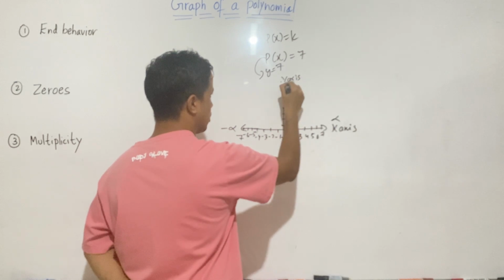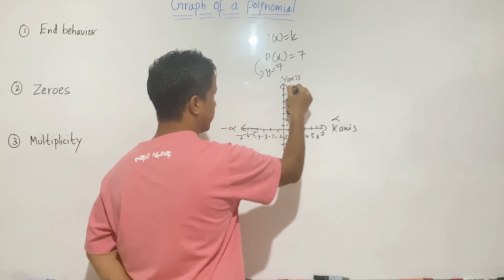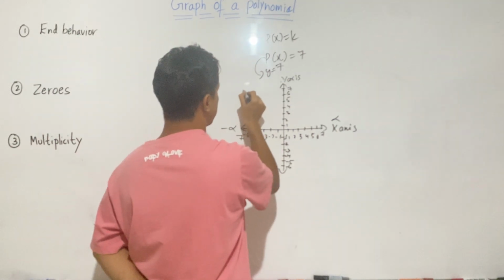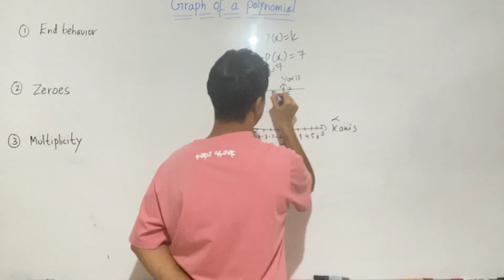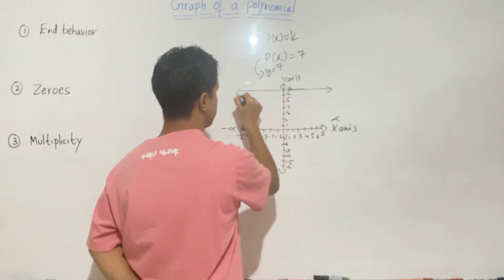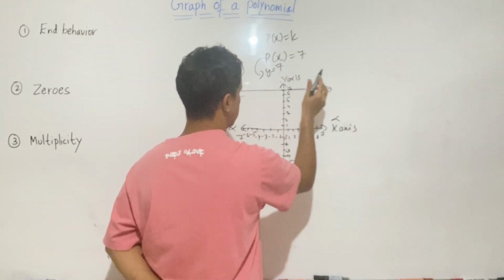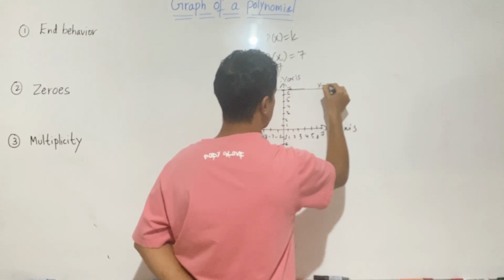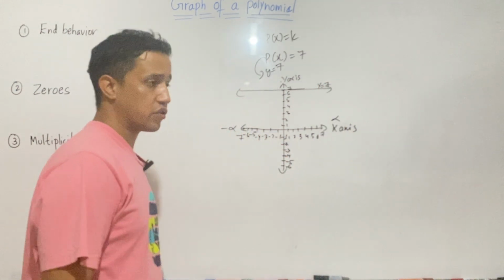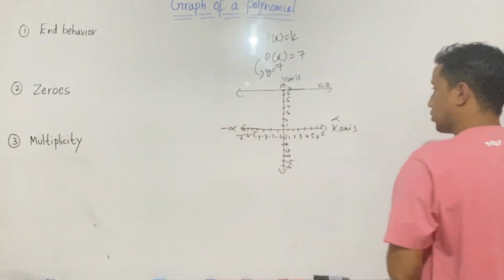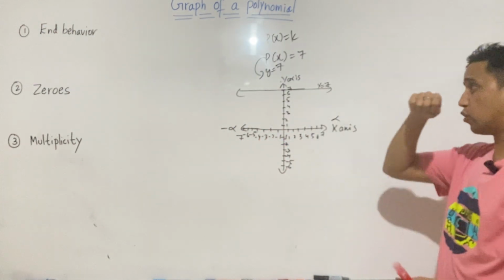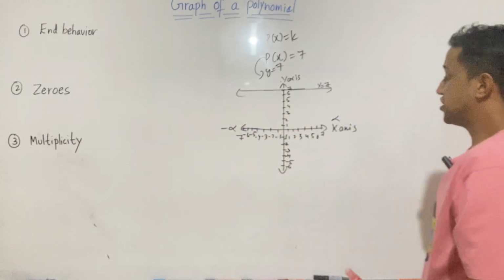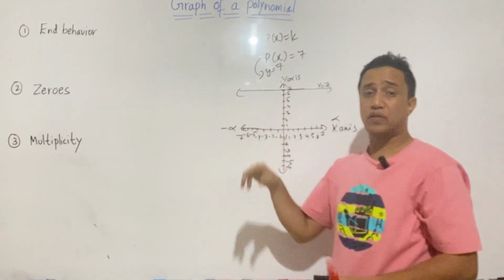So if you draw the graph of this constant polynomial, it's going to be a horizontal line parallel to the x-axis. This is y equal to 7. Now see here, this is a horizontal line.